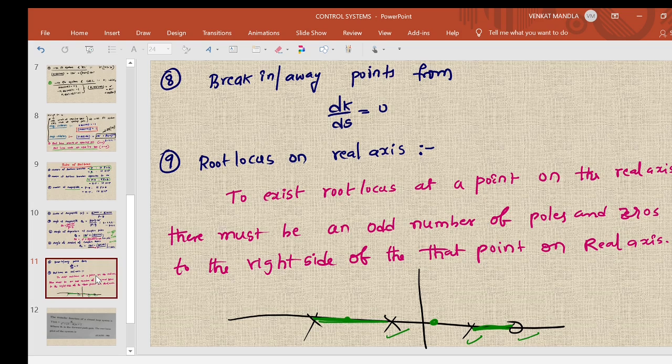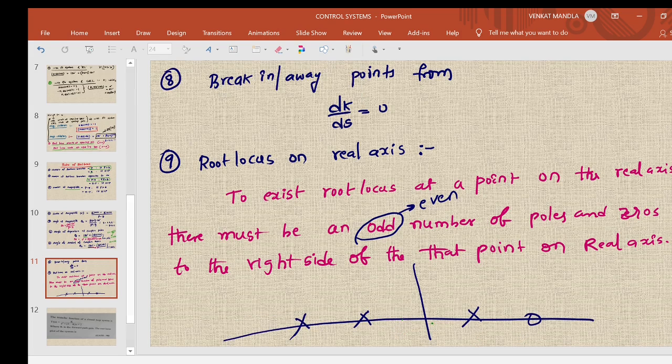So in place of odd, replace this with even. Take this point here: to the right of it we have one pole and one zero, right? Odd number of poles and zeros are there.